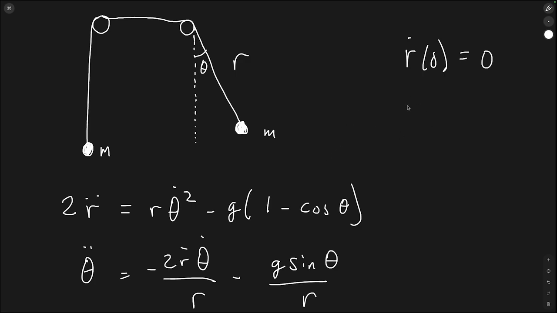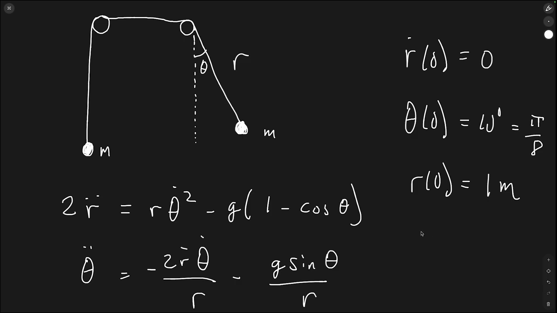So theta at 0 is going to be 10 degrees or pi over 8. If the initial value of r is 1 meter, so that means r at 0 is going to be 1 meter.